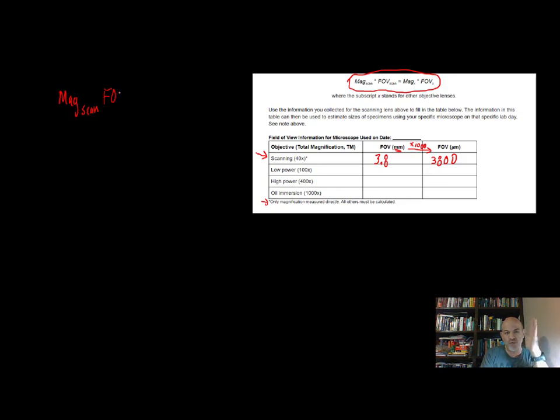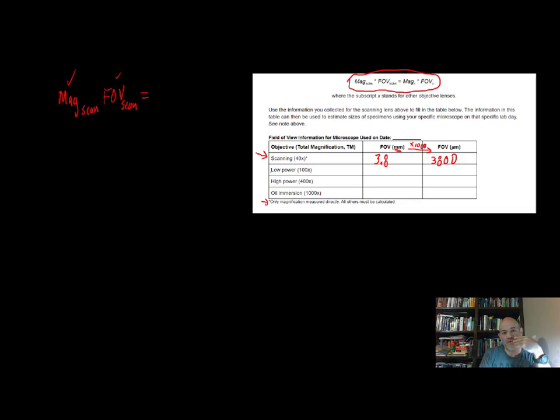The microscope's total magnification under scanning is the value of the objective times the value of the ocular lens, and that came out to a value of 40. And so we know the left side of the equation because you measure the field of view directly, came out to 3.8 with the ruler, and we know the magnification, it's built into the scope. On the other side is where you're going to put the other lenses, right?